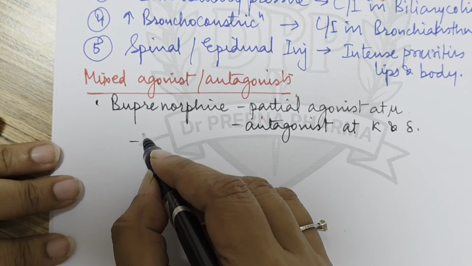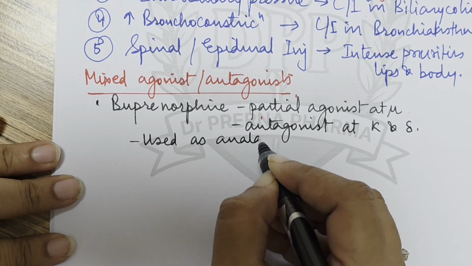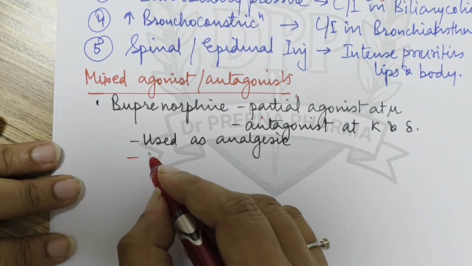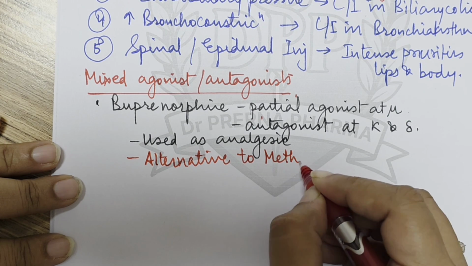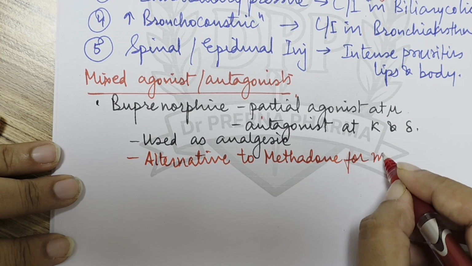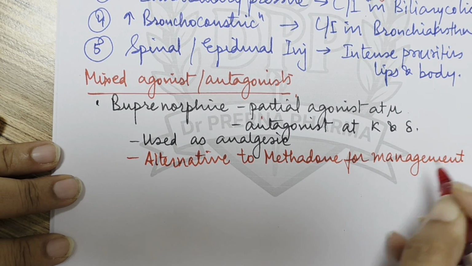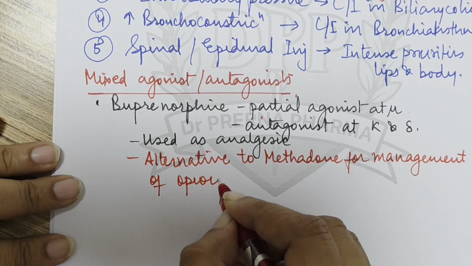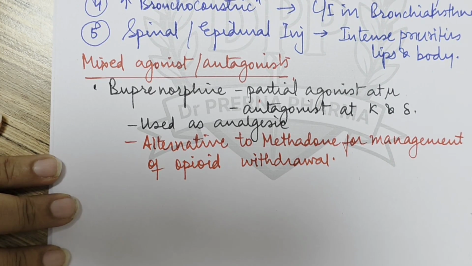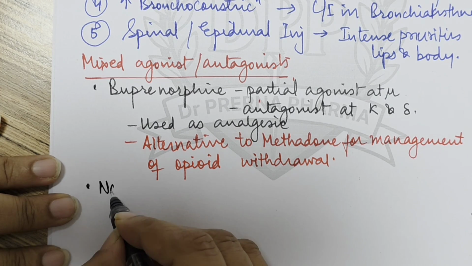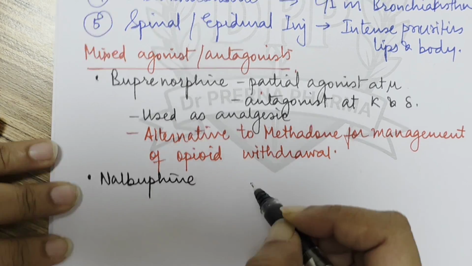So it is used as an analgesic, and a very important thing is that it is used as an alternative to methadone for management of opioid withdrawal, right?